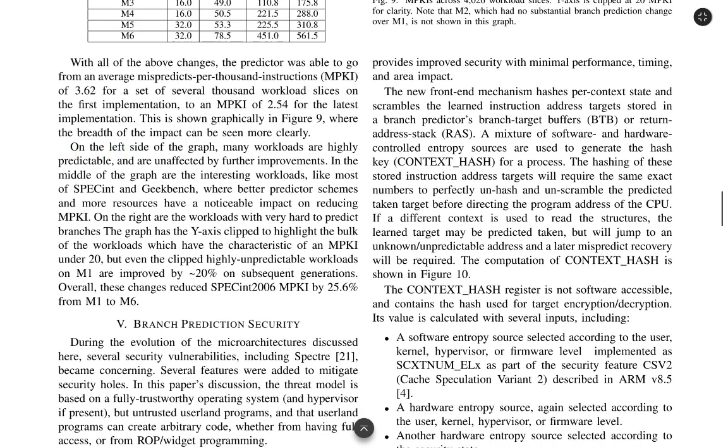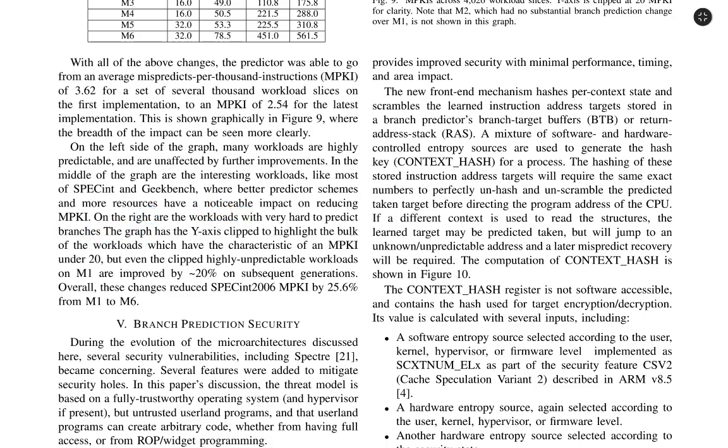On the left side of the graph, many of the workloads are highly predictable and unaffected by further improvement. In the middle of the graph are interesting workloads, like most SPECint and Geekbench, where better predictor schemes and more resources have a noticeable impact on reducing MPKI. On the right are workloads with very hard to predict branches.